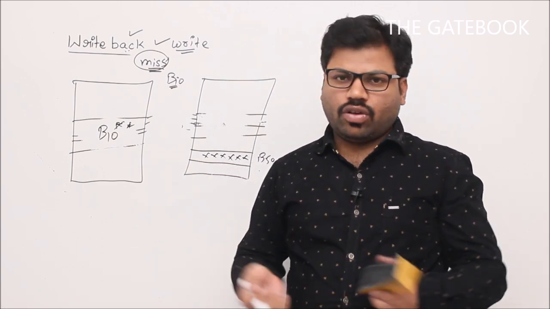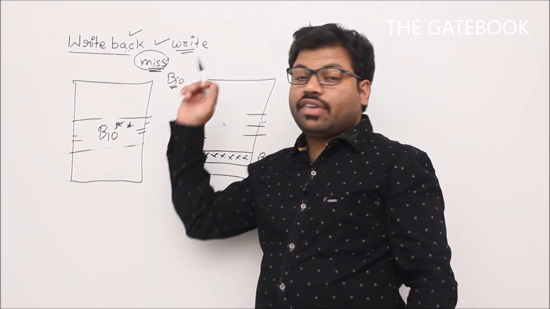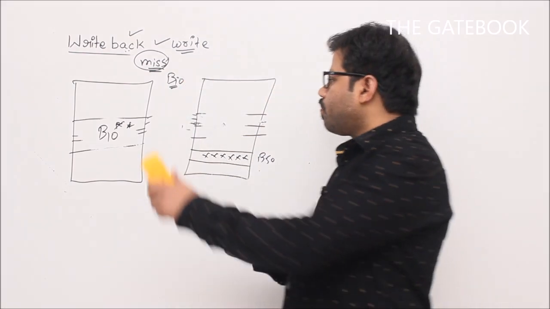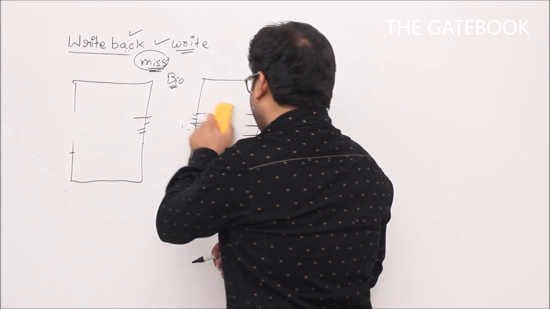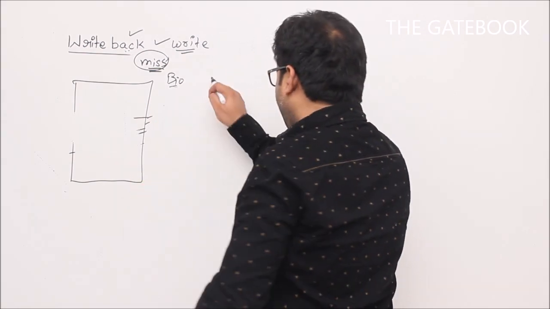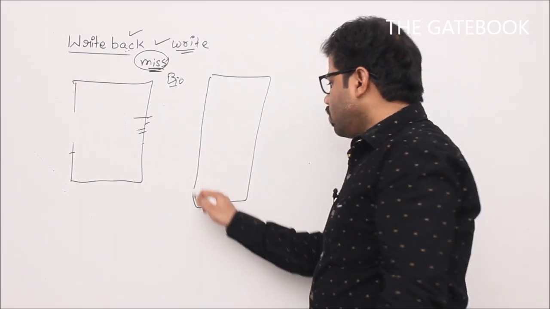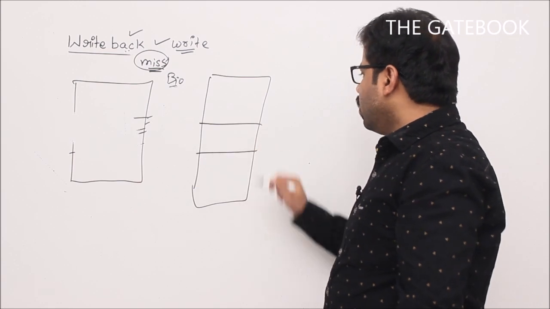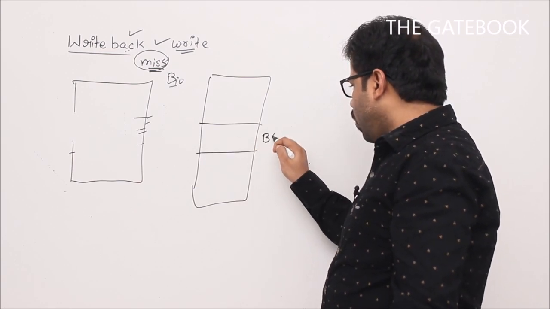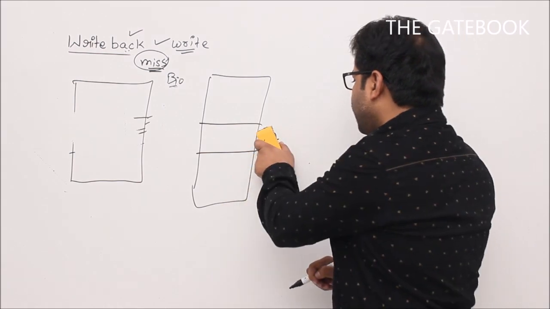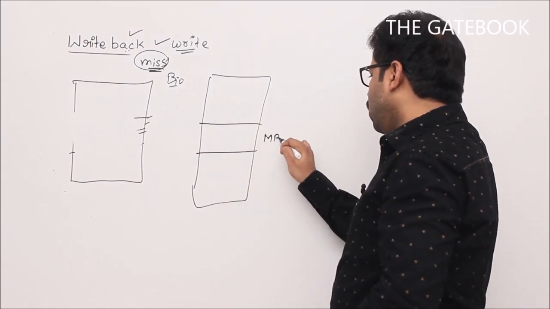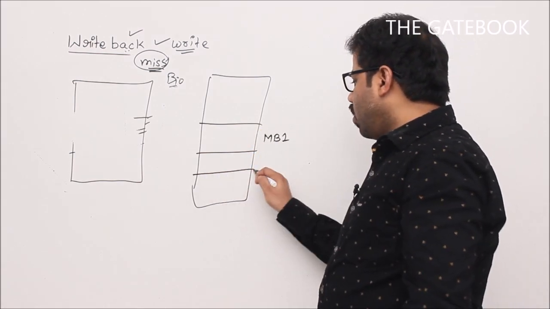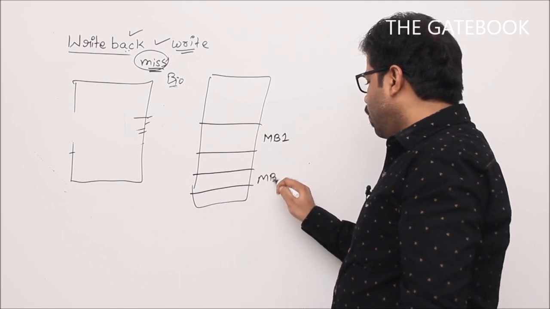Like write through, of course. So let me revise the miss again. This is your main memory. This is a block, main memory block 1, and there is another block, main memory block 2.